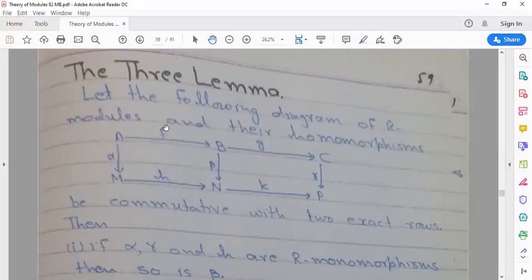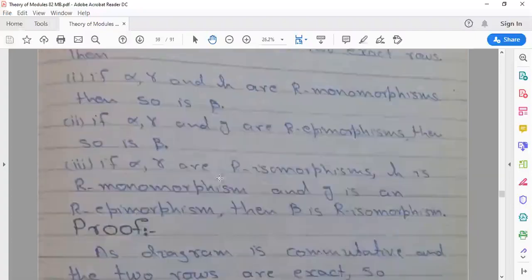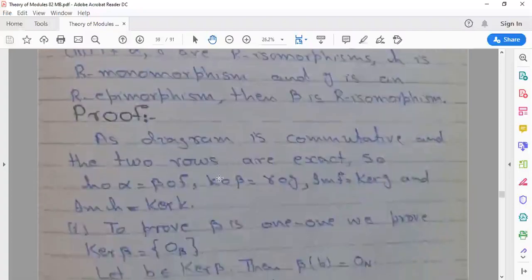In our last lectures we also studied the composition: beta composition f is equal to h composition alpha, and gamma composition g is equal to k composition beta. We have already studied this in the previous 3-4 lectures, so I think there is no difficulty.